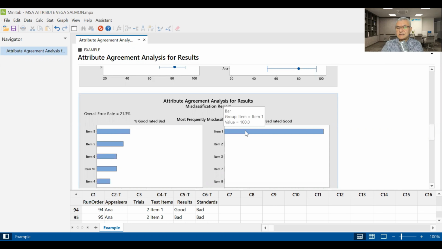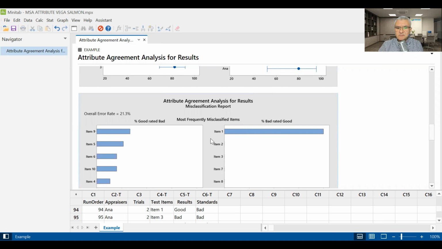All of them said that item number 1 is good, as you can see, 100%, but in fact, it was bad. Maybe it was a defect, and they weren't trained to detect that type of defect, so they just let it go.